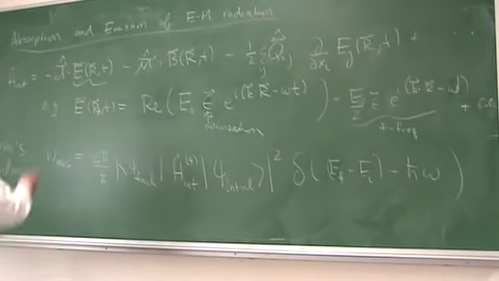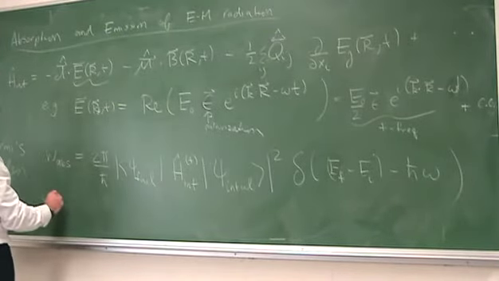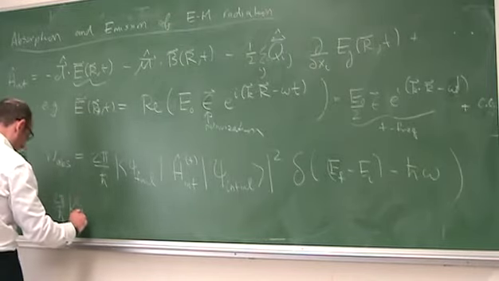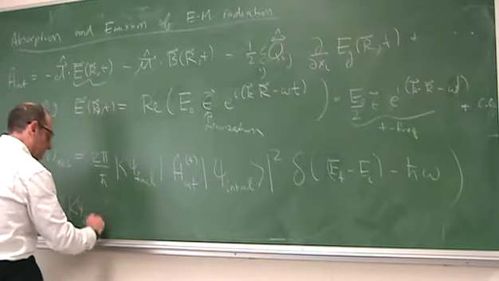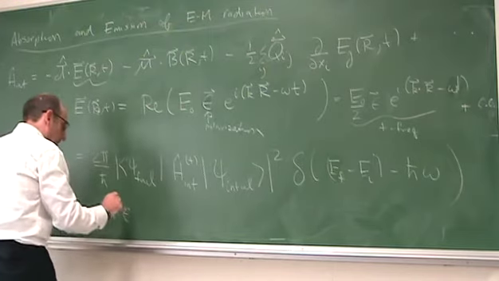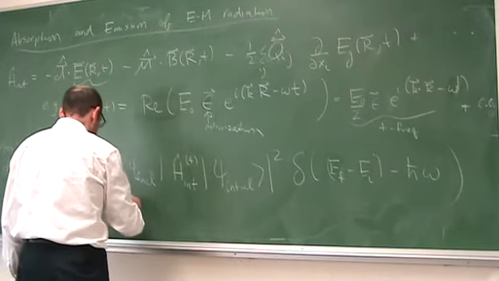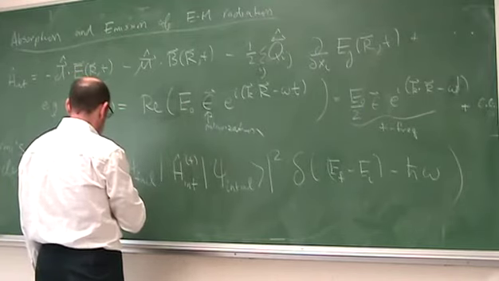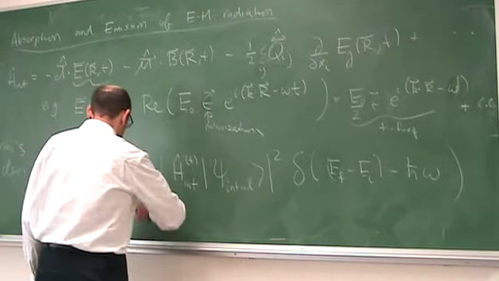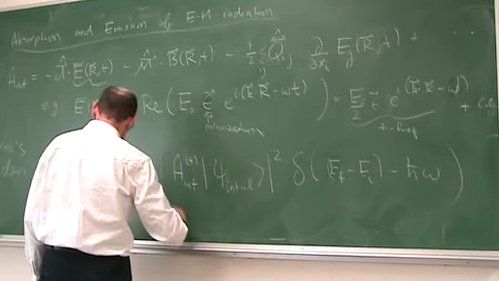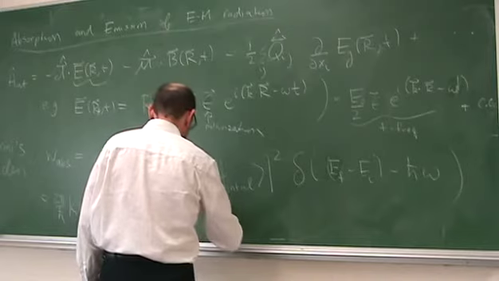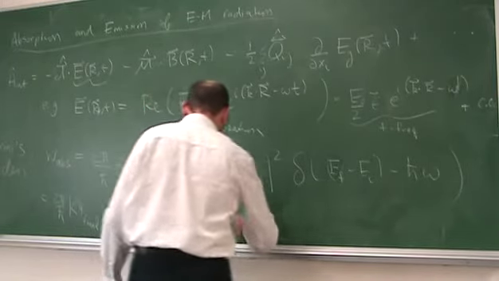In this particular case, for example, for the dipole term, this would be equal to 2 pi over h bar, the matrix element of d dot epsilon between psi final and psi initial, squared, times E0 squared over 4 times the delta function.